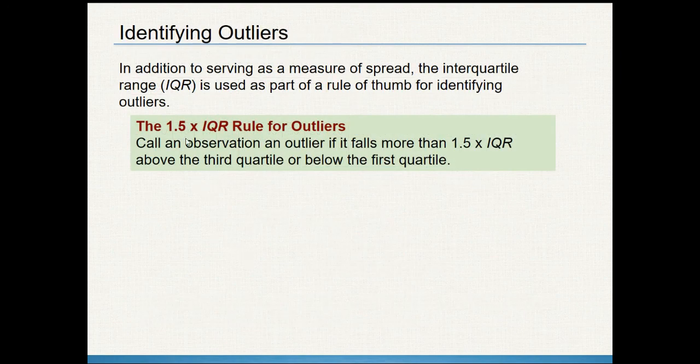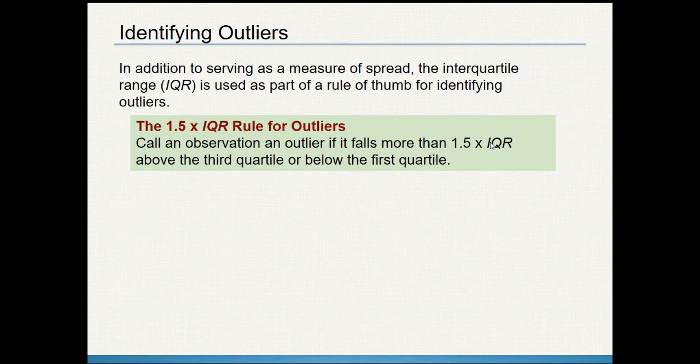All right, so the last thing we're going to look at today with this video: in addition to serving as a measure of spread, the interquartile range, IQR, is used as part of a rule of thumb for identifying outliers. The 1.5 IQR rule for outliers. Call an observation an outlier if it falls more than 1.5 IQR above the third quartile or below the first quartile.